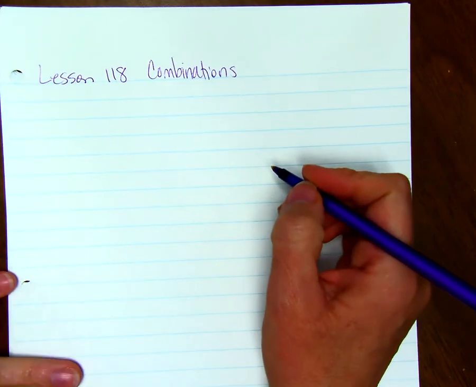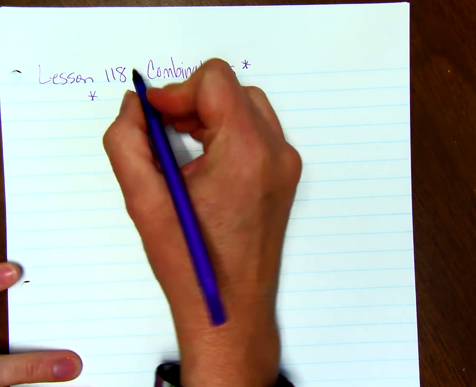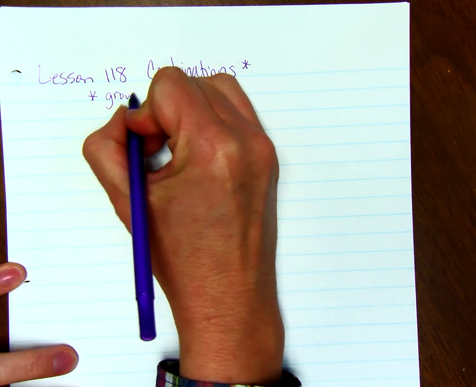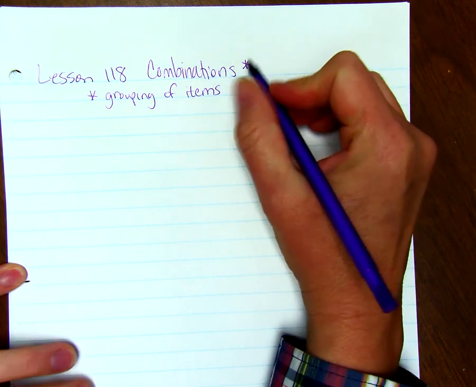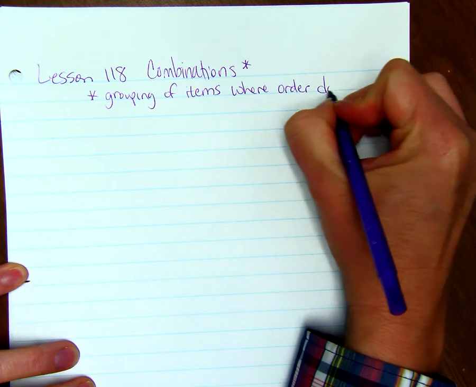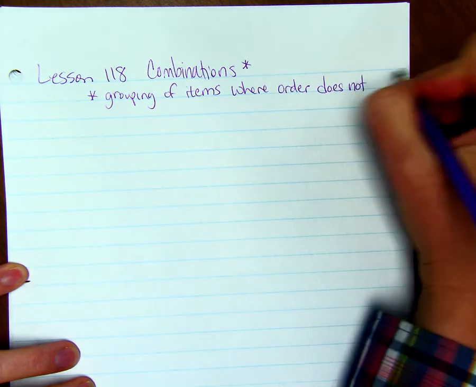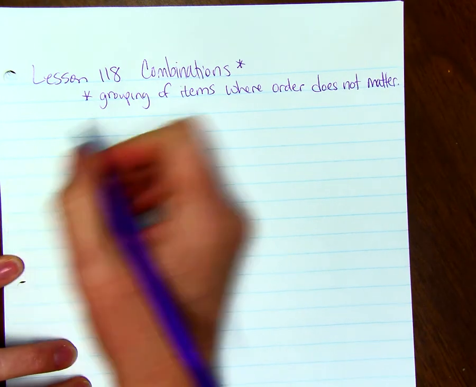Lesson 118, combinations. Combinations is just grouping of items when order does not matter. Here's an example.